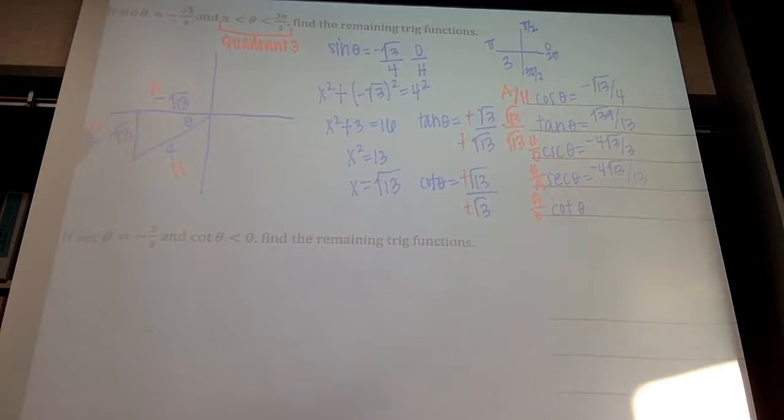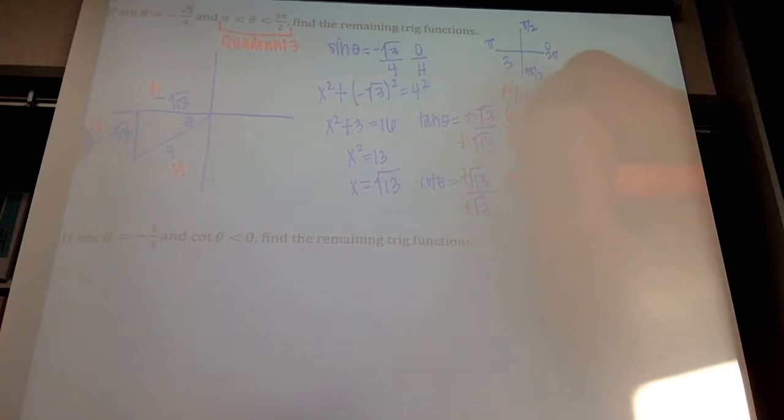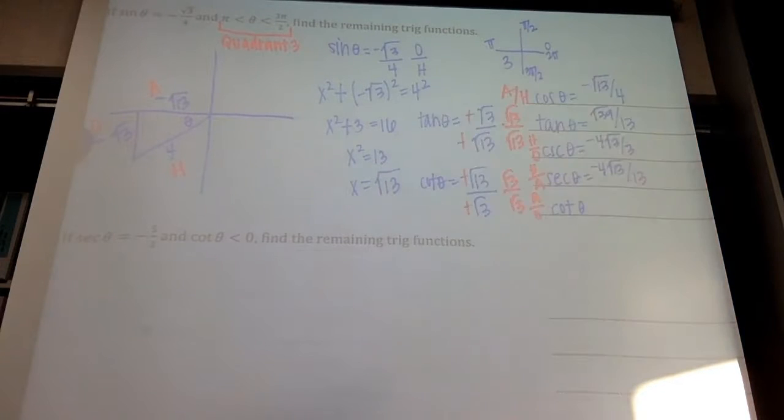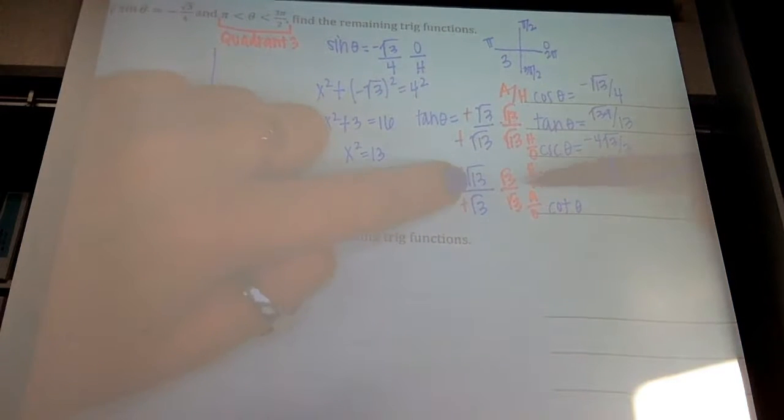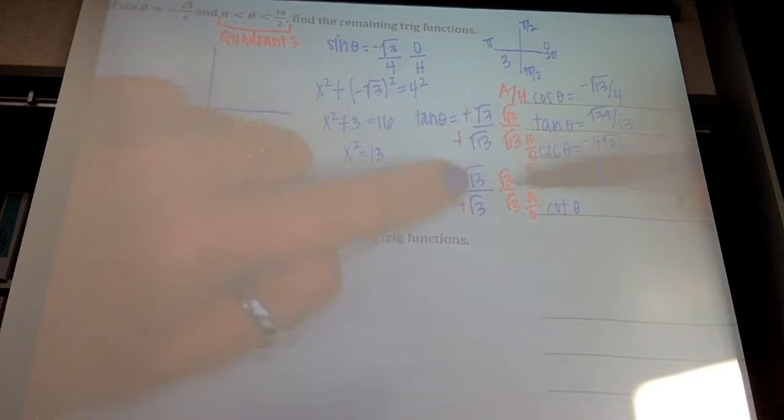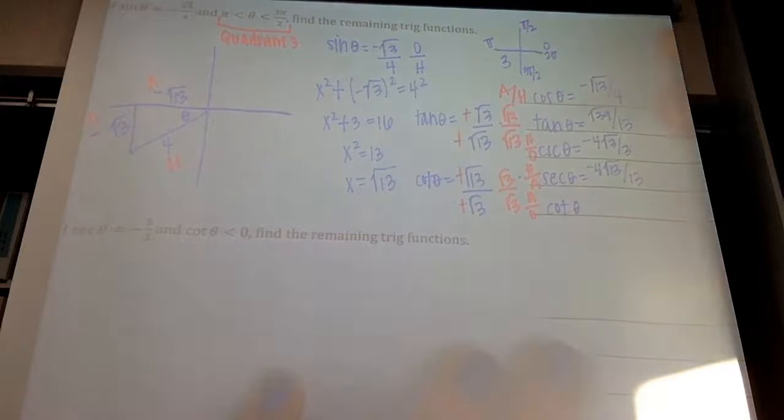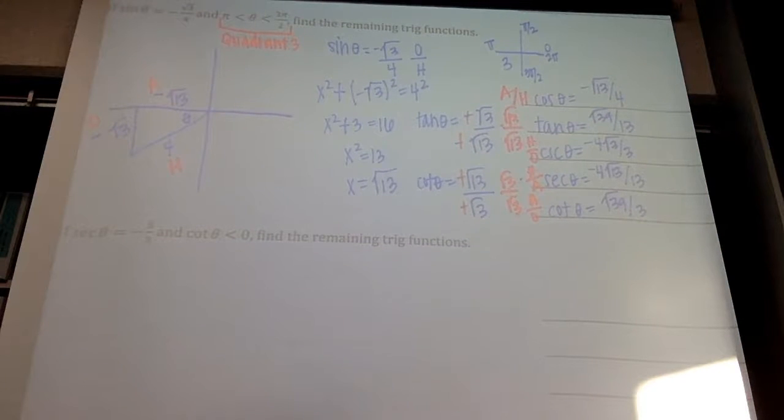So I'm multiplying it by rad 3 over rad 3. What happens is the same thing that happened up here. They're both under square root, rad 13 times rad 3, so we can just multiply them to become rad 39 over 3. And that's it for number 3.